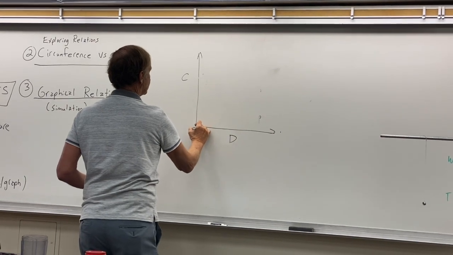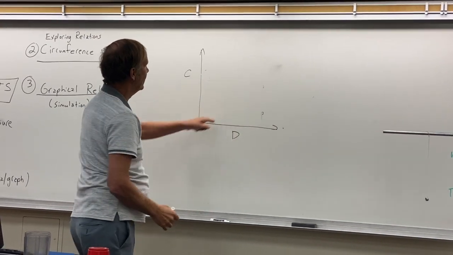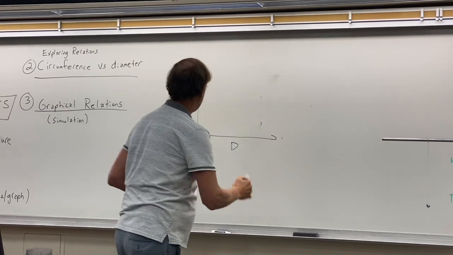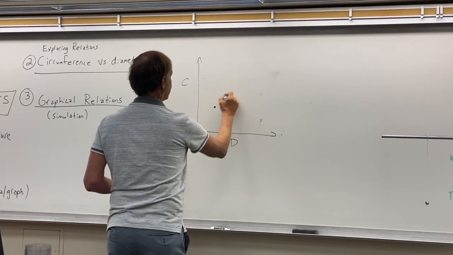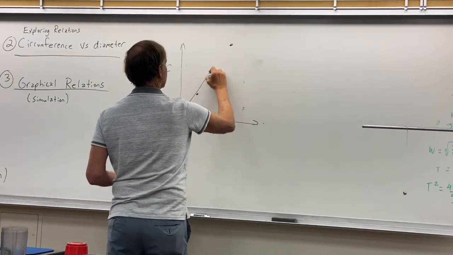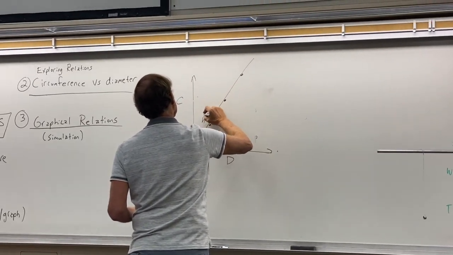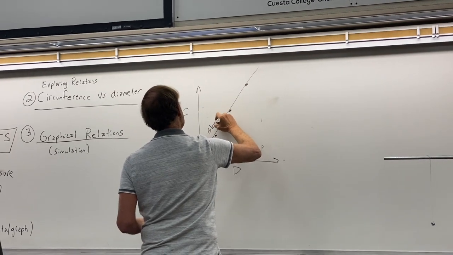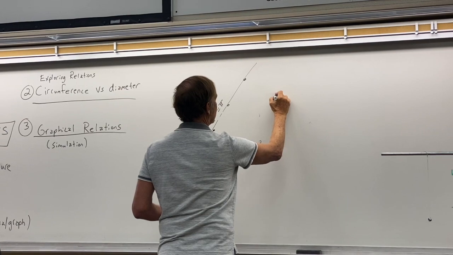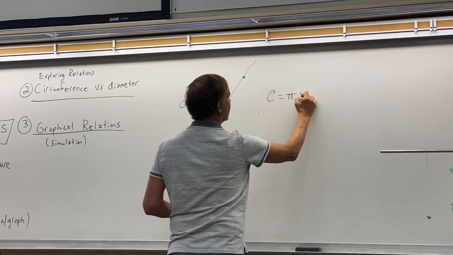Okay, and so once we have that, then you can plot the circumference versus the diameter. And so we know that 0 diameter should be 0 circumference, and so you can do this, say, in an Excel plot. Then as we go up, a larger diameter means a larger circumference, but the slope of this curve should equal pi, okay, because circumference is pi times the diameter.